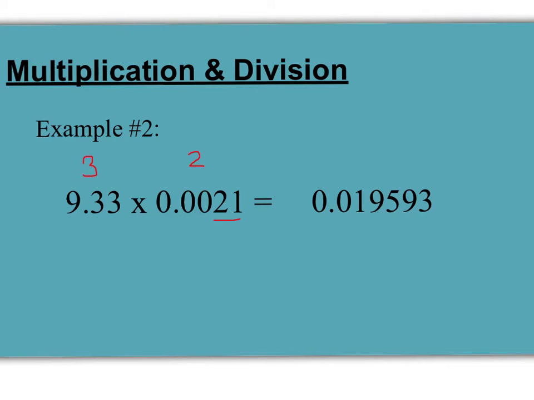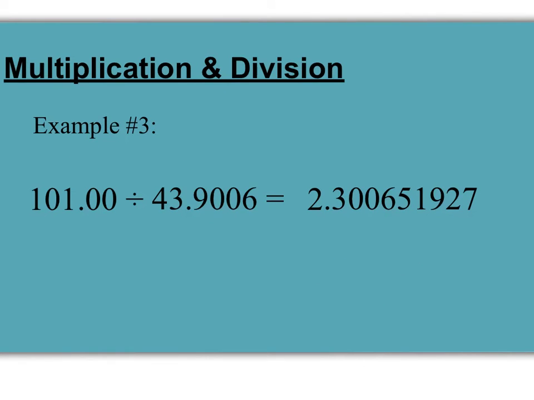So what we want to do is find the first 2 significant digits in our final product, and that would be the 1 and the 9. So we get to keep those. The 5 next to the 9 will round the 9 up to a 10, which in turn will round that 1 up to a 2. So our final answer will be 0.020, or you can write it in scientific notation if you want to, as 2.0 times 10 to the negative 2.